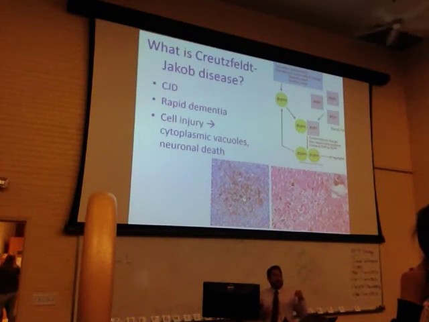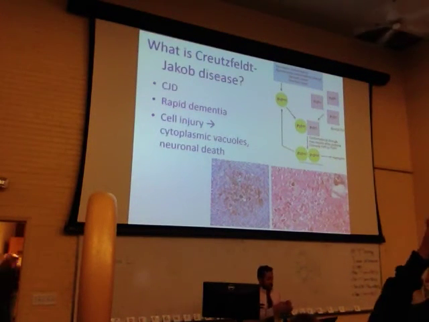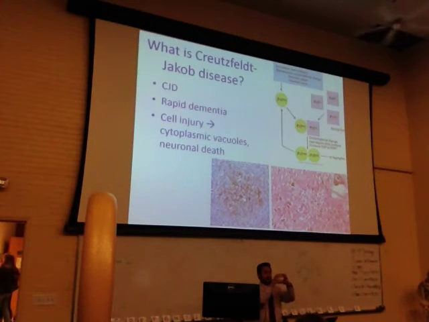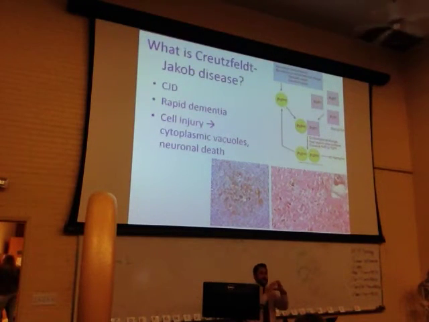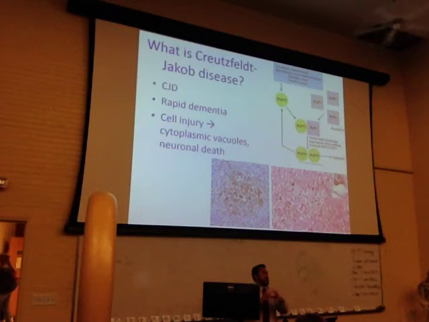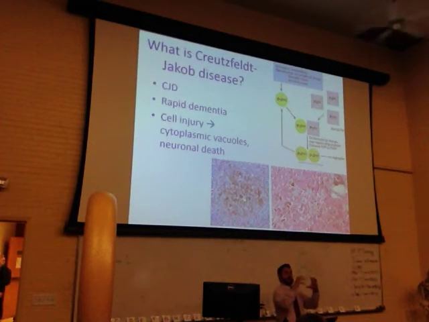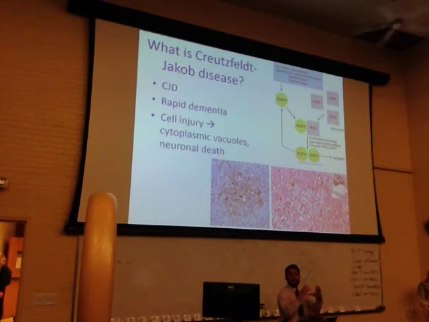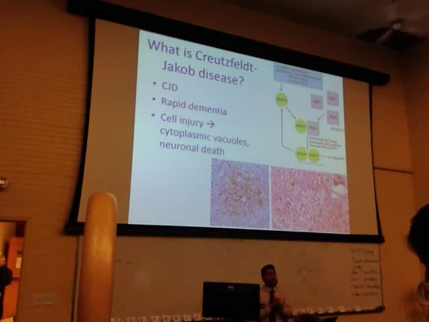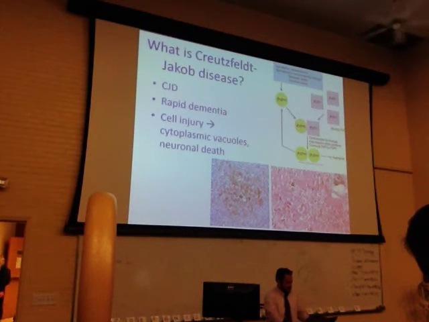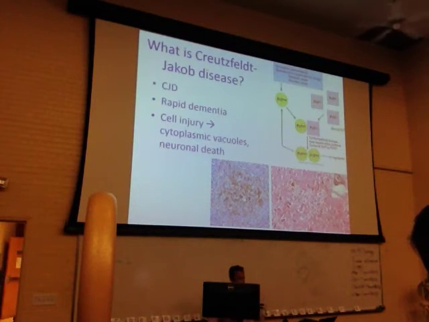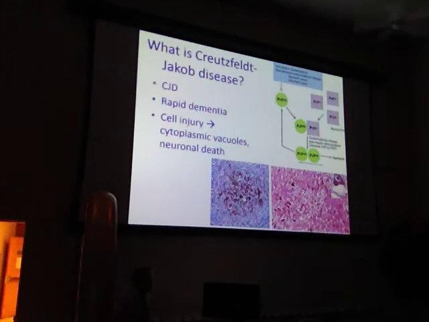If we're talking about neural tissue, then the neural tissue starts becoming incorporated with aggregates, lesions, and those lesions create these giant vacuoles, or these holes. And in Creutzfeldt-Jakob disease, when this takes place, the tissue itself starts looking like a sponge, because it has all these holes or vacuoles.